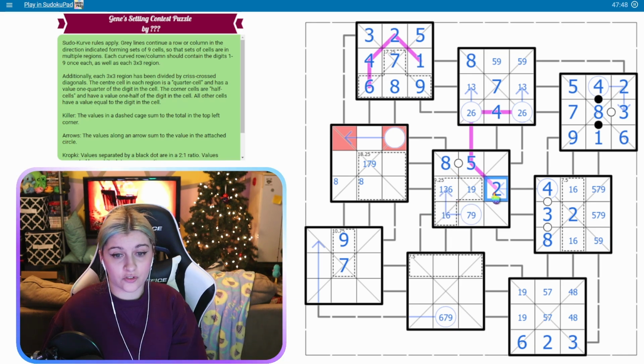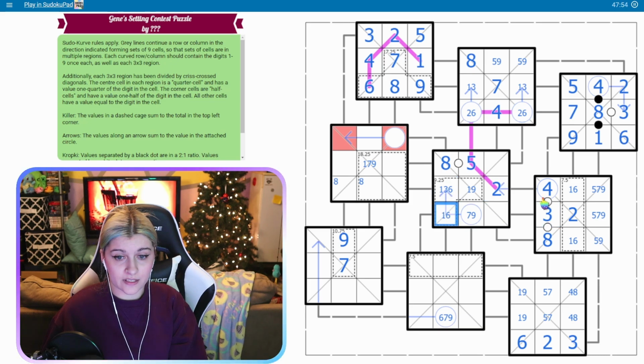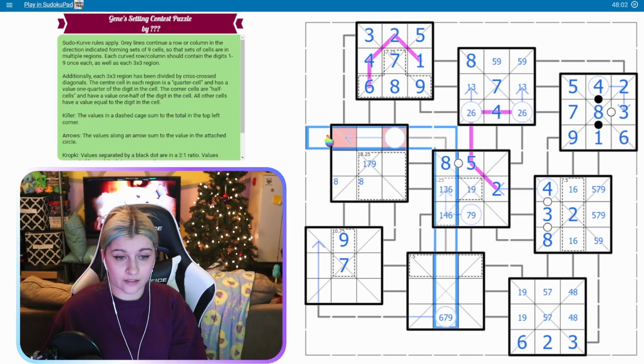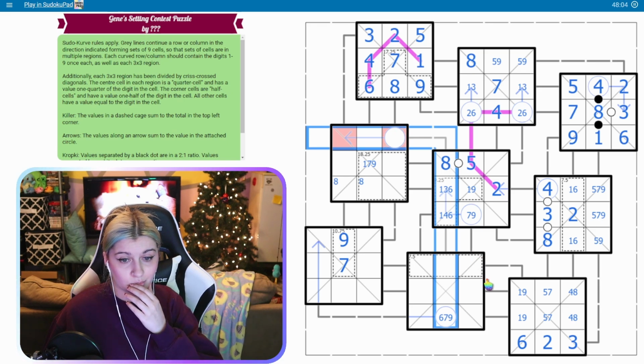I can't do 2 5. What about 3 4? 3 sees this and 4 sees this. So this would have to be the 3 and this would have to be the 4. But I think that is fine. Okay, so I have more options than I thought.